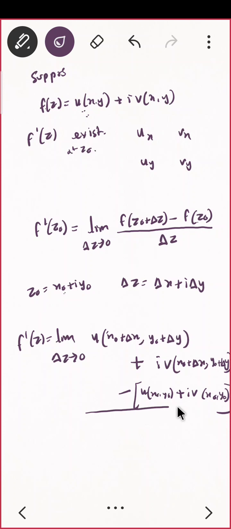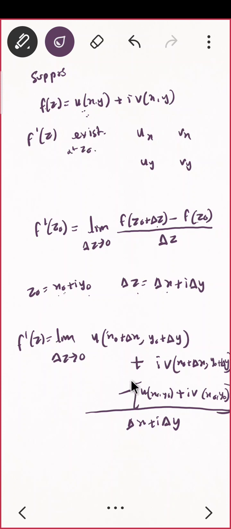How did we write it? And here I am taking delta z, so it will be delta x plus i delta y. f of z naught plus delta z, I am writing with the coordinate z naught plus delta z. z naught is x naught plus i y naught. Delta z is delta x plus i delta y. So this is what I am having. Correct? Is that clear to you?